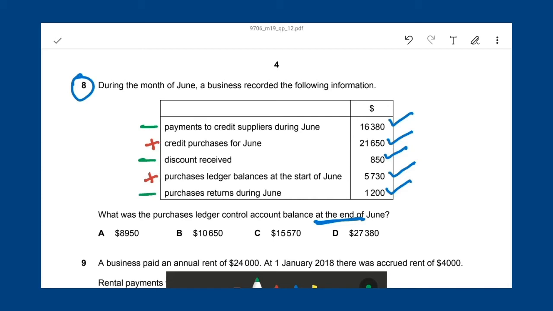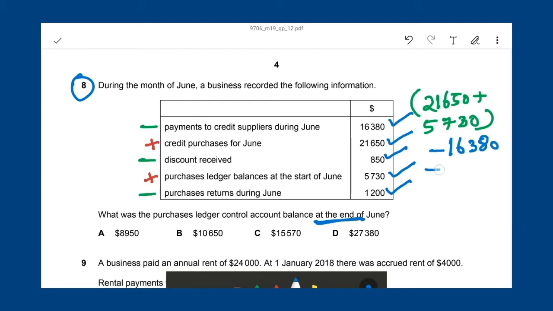So what is the total amount? 21,650 plus 5,730 minus 16,380 minus 850 minus 1,200.